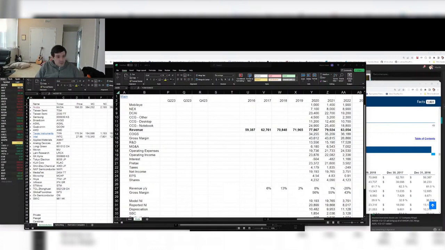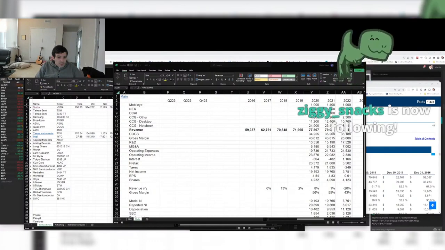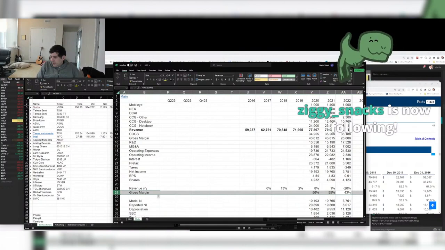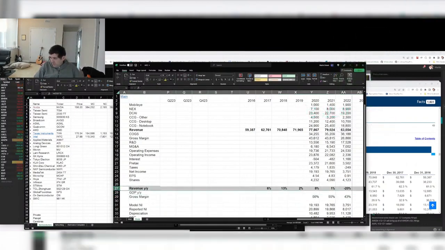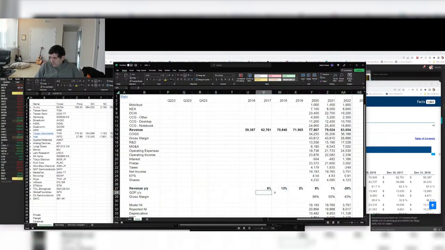Okay, so let's see. If we try to superimpose GDP, see if there's anything we can glean from that.